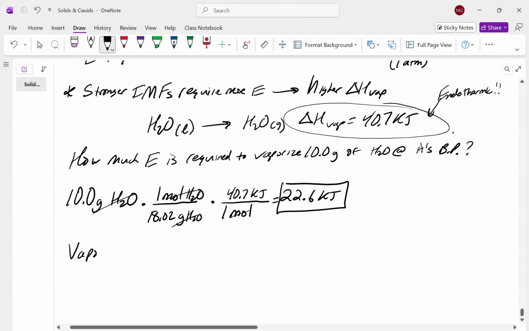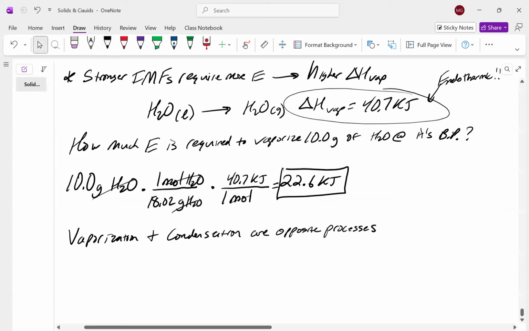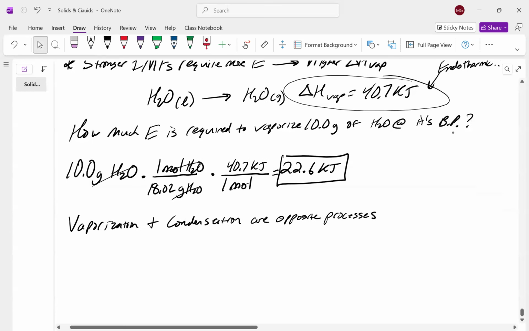Let's look at the opposite process real quick. Vaporization and condensation are opposite processes, but they require the same amount of energy.